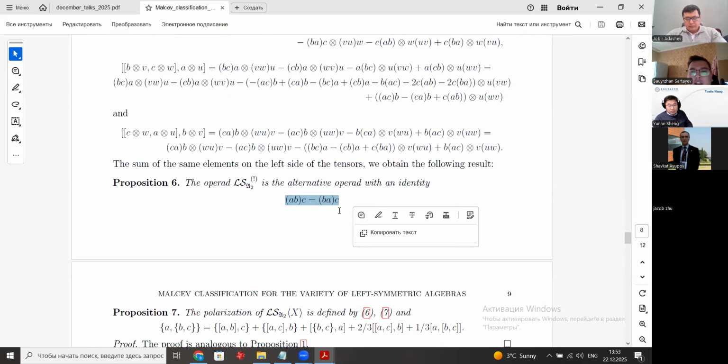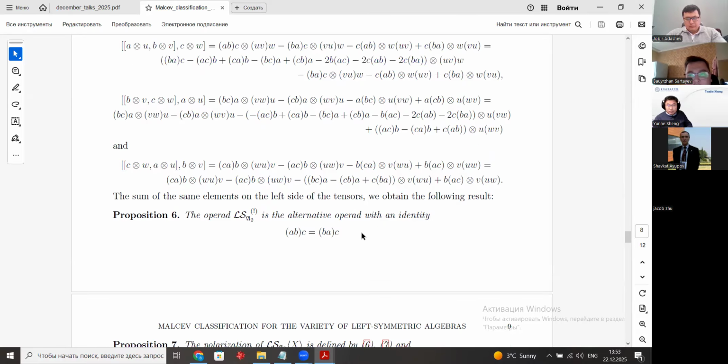the commutator is a left center. Why is the commutator a left center? Because if you send this monomial to the left side, we obtain AB minus BA, the commutator, multiplied by the generator C is 0. So the commutator is in the left center. It was introduced in a lot of works. So it's again an alternative operad with the following identity.